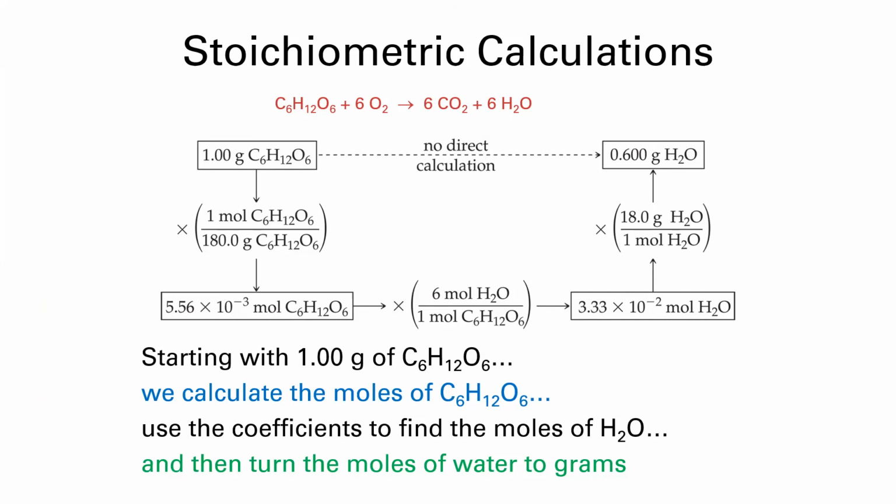For example, we want to calculate H2O, and then we turn the moles of water to grams. This is a simple step from stoichiometric calculation.